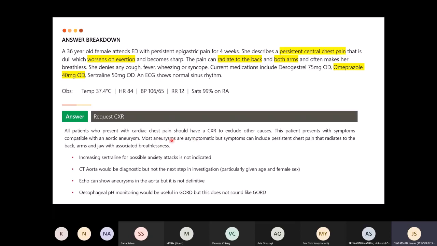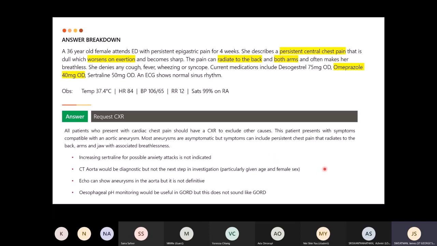So most aneurysms are completely asymptomatic, which is why they're so problematic. But when they become symptomatic, the symptoms are persistent chest pain that can radiate to the back, the arms, the jaw, and associated breathlessness. So essentially things like ACS. And this is for thoracic aortic aneurysms. The other answers are not correct because increasing sertraline is for anxiety attacks, and that's not indicated.